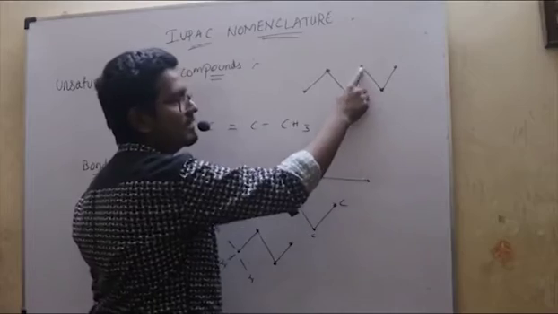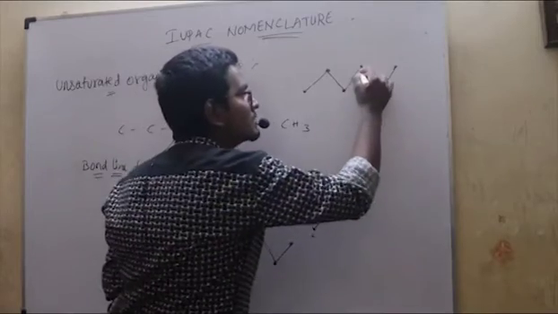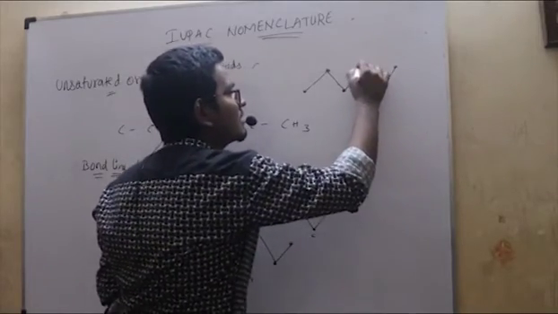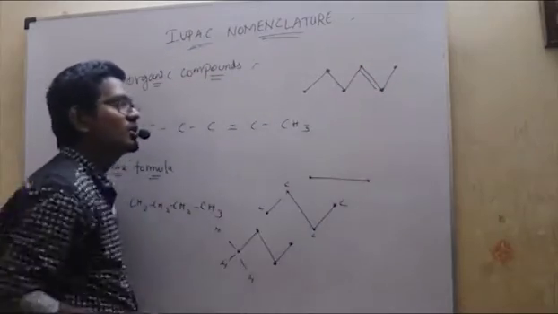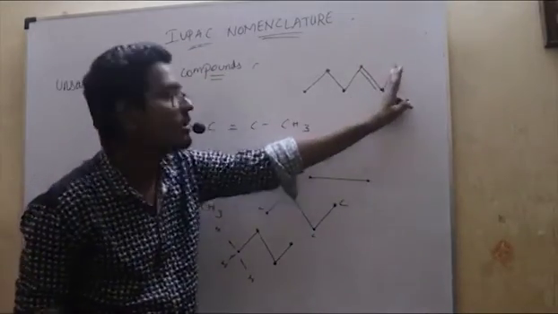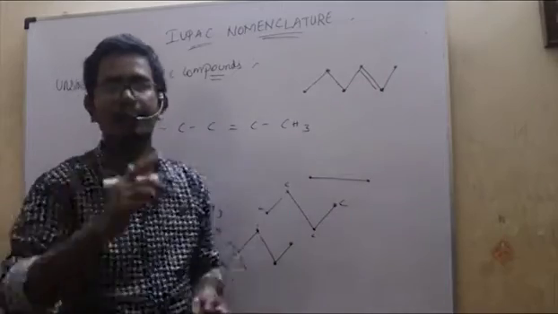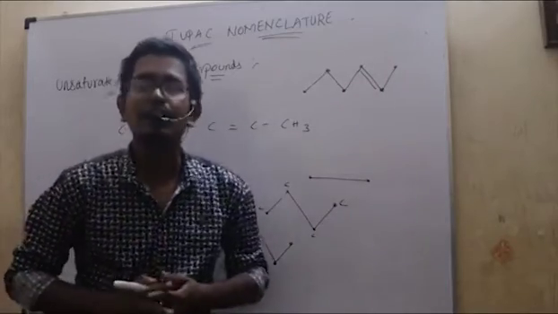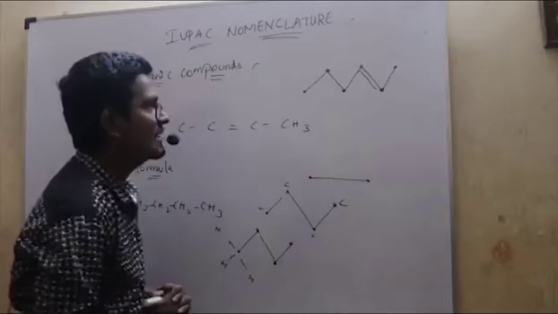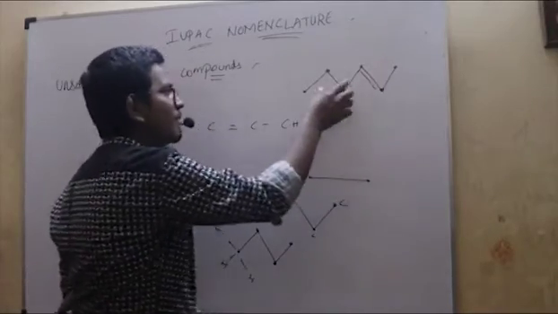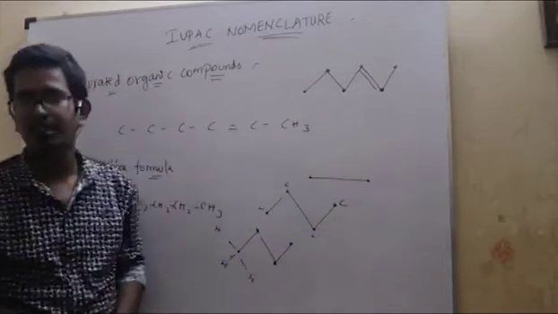That means a double line should be present, so we have to draw a double line in the bondline formula. Right? As I draw the double line, you can see now this compound and this compound are the same.